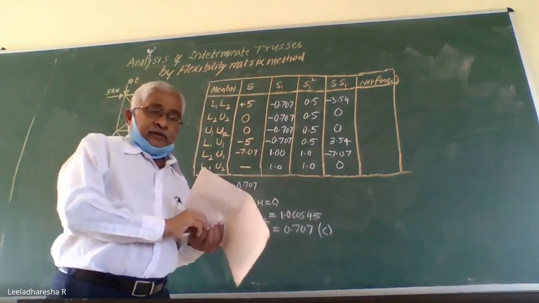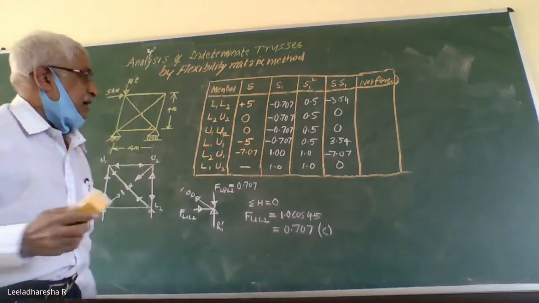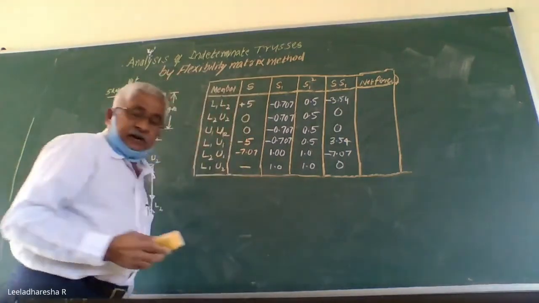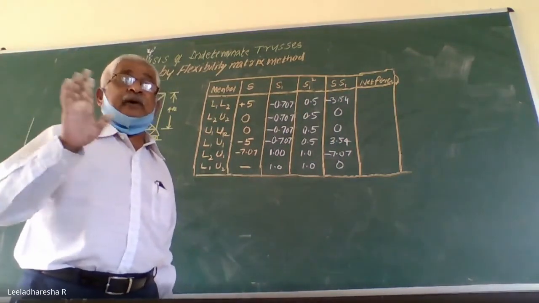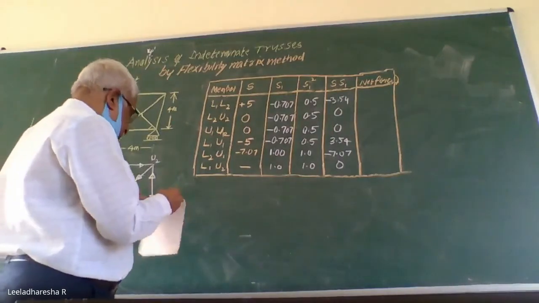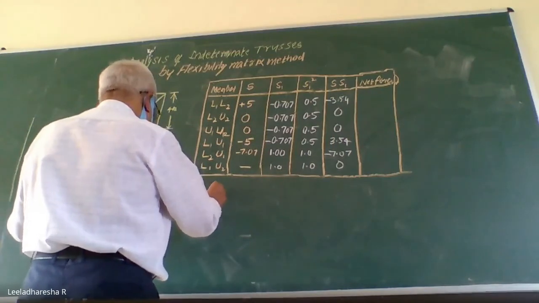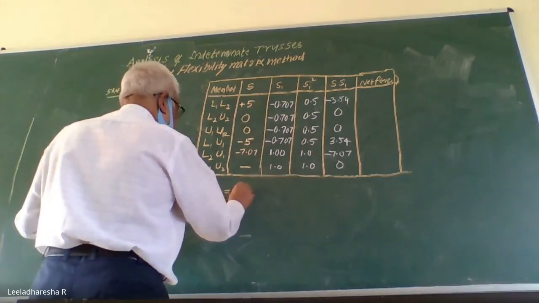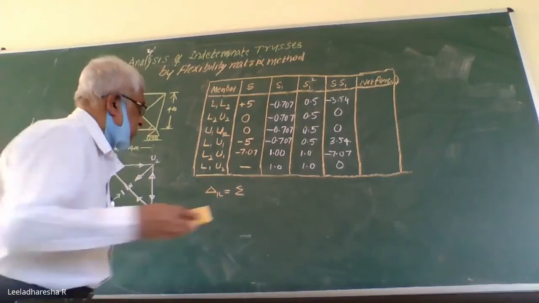Now we will go for development of the flexibility matrix. Here only one redundant force is there, therefore your matrix size will be 1 by 1. That's all. Means 1 only. So now displacement of coordinate 1, delta 1L, is equal to sigma. Before that, let us do one more calculation.